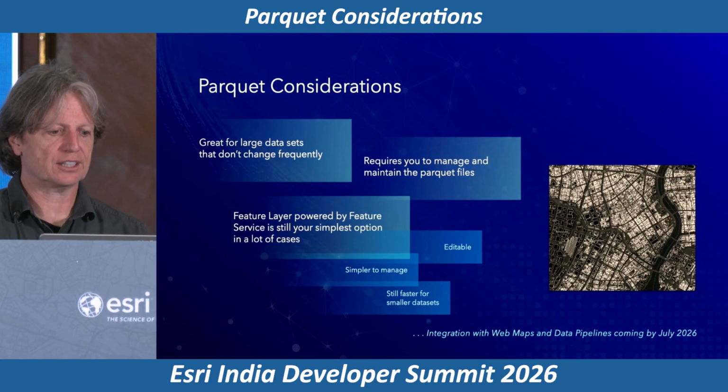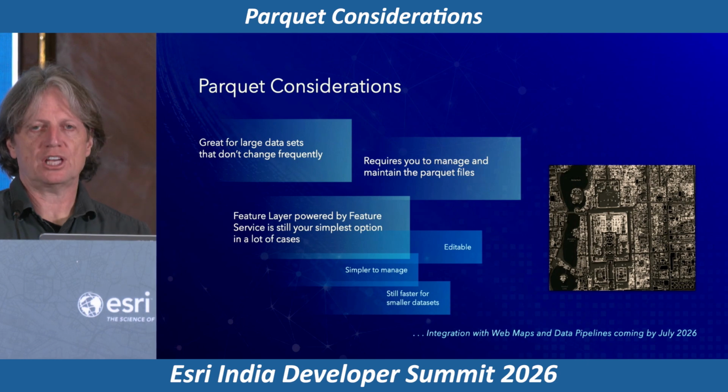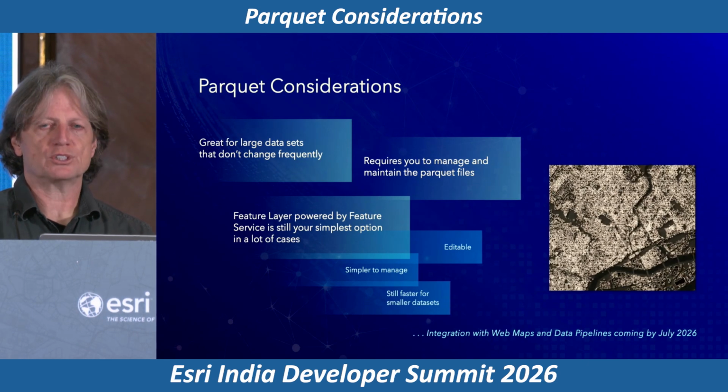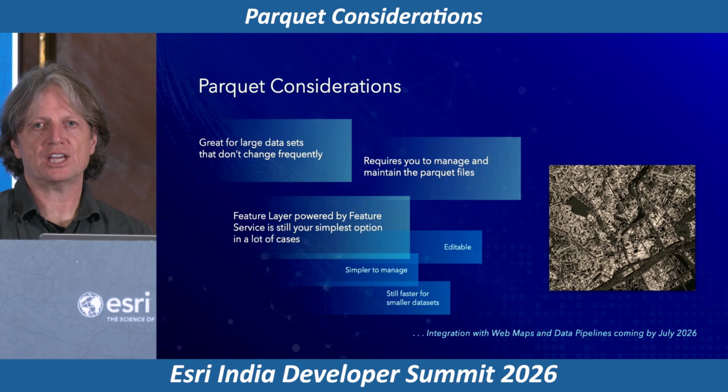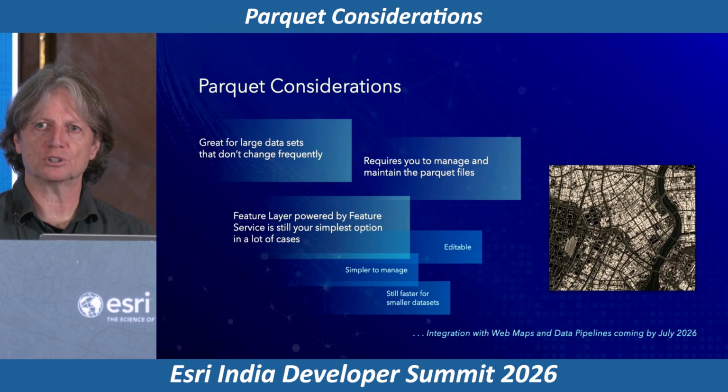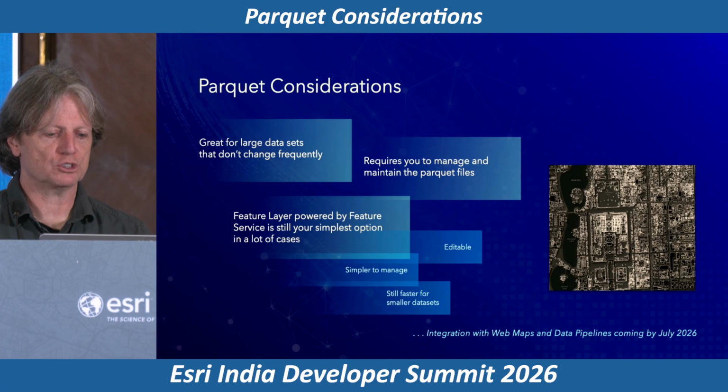Feature layers, on the other hand, they're built into and across the ArcGIS system. They're still the simplest and best case for many, many use cases that you currently are supporting with your solutions.